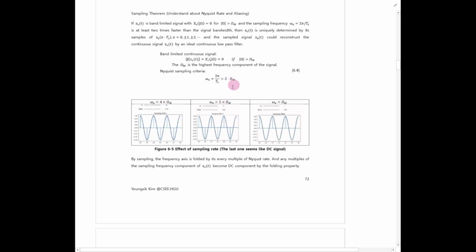That's the Nyquist rate, and we have only 2 samples per period: 1, 2, and in the second period 1, 2. And if we take the same as the signal frequency, the sampling frequency equals the maximum signal frequency, and it looks like a DC component. So this is the sampling process.